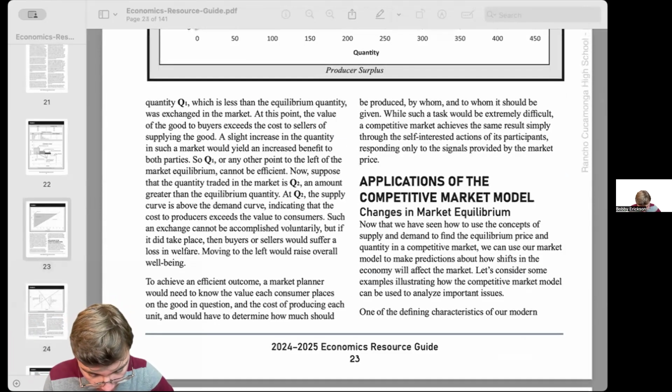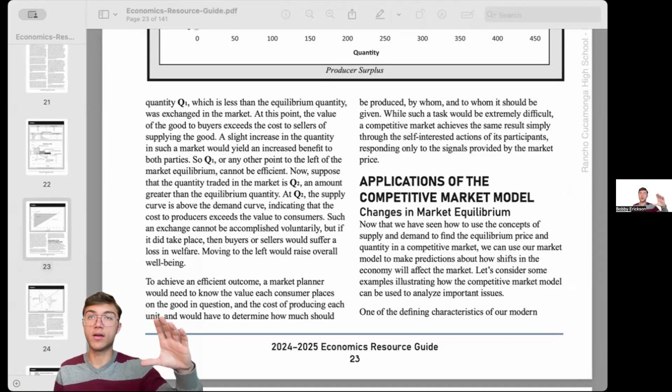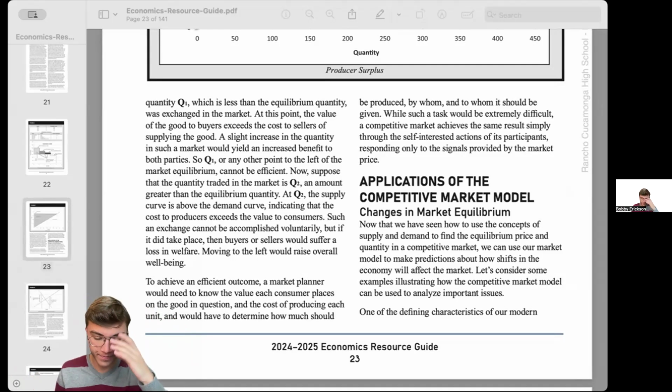And so this would mean that both people could have increased benefit if you just increase the quantity. So any point to the left of the market equilibrium can't be efficient because both parties would have a benefit if they increase the quantity supplied.